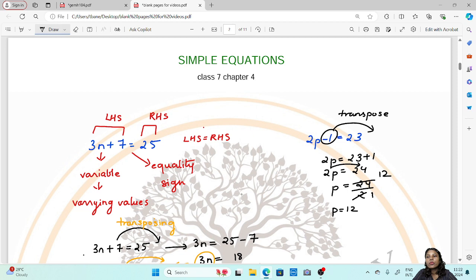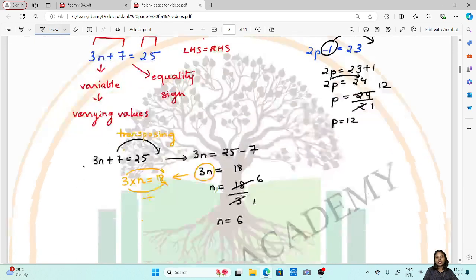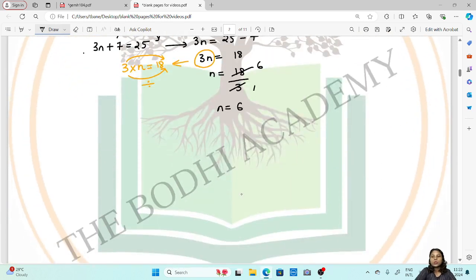Now we will check for LHS and RHS. Our first equation is 3n plus 7 equals 25, and here our n equals 6. Then we have 2p minus 1 equals 23, and here our p is 12.